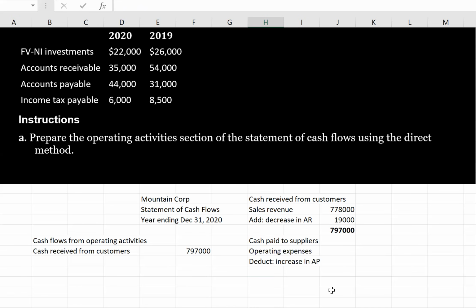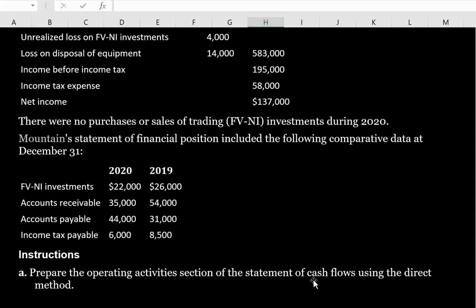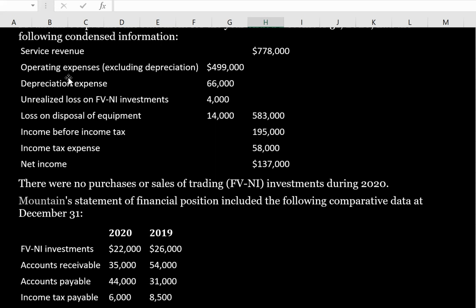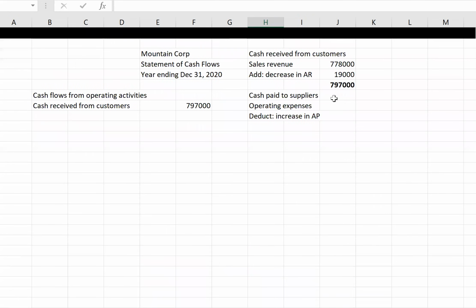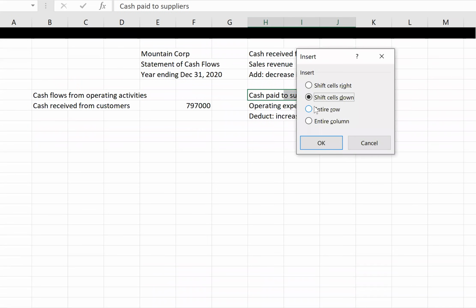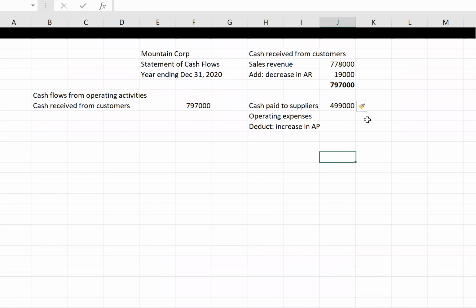So first, let's find the operating expenses item on the income statement. Operating expenses excluding depreciation is 499,000. So let's put that amount right here. Sorry, I put it in the wrong cell, 499 here.